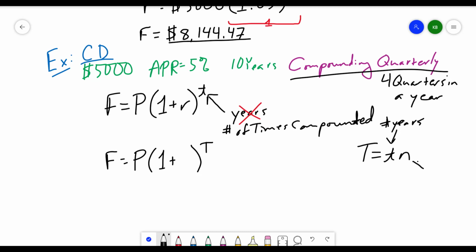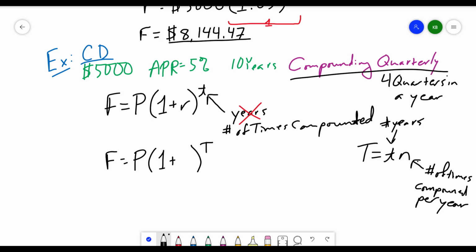So n is going to be the number of times compounded per year. So if we take the number of times compounded per year, we multiply it by the number of years, we're going to get the total number of times compounded.